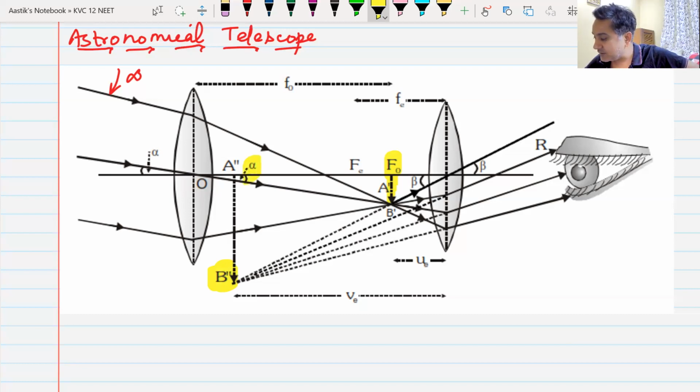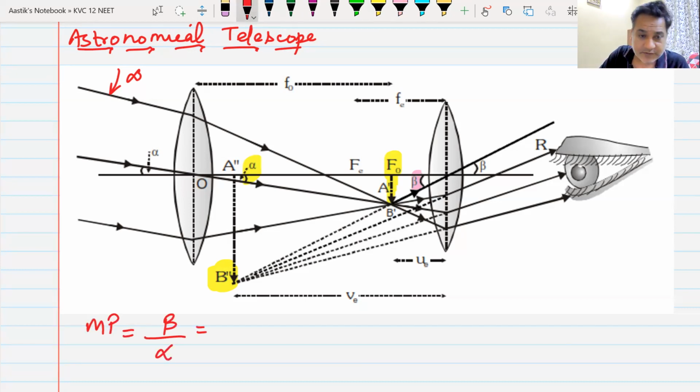You see these two angles, alpha and beta. The magnifying power of the astronomical telescope is given again by beta by alpha, and if I put proper values, it will be equal to minus f naught by fe. Do you see this diagram? Can you draw this diagram?